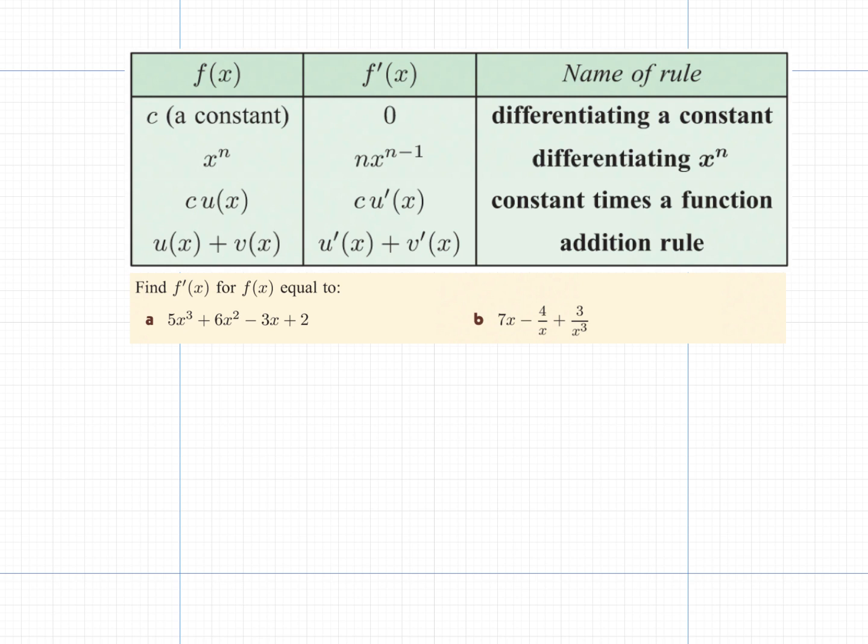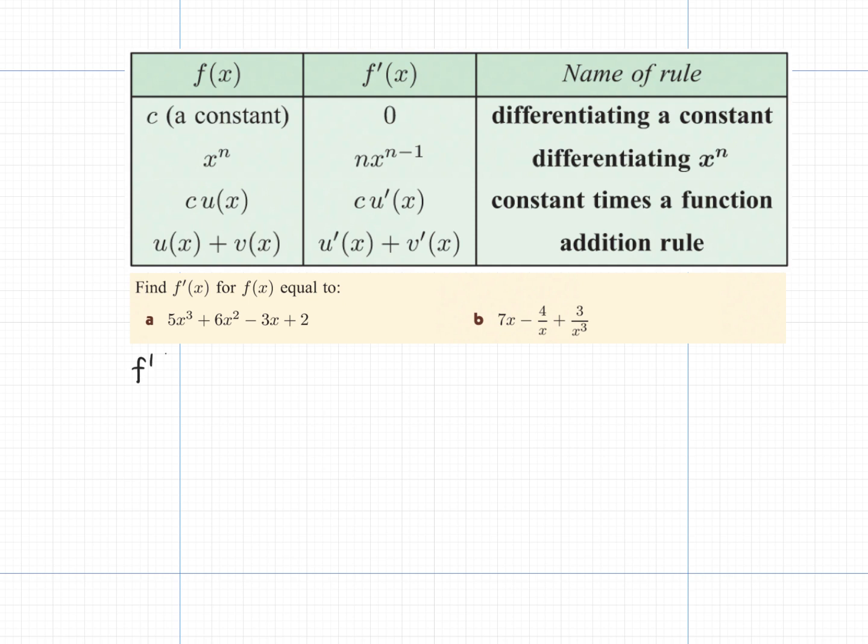During these examples, we're going to be using the differentiating rule for x to the power of n, and we're also differentiating a constant. Let's have a look at the first one. It's a constant times a function here as well.